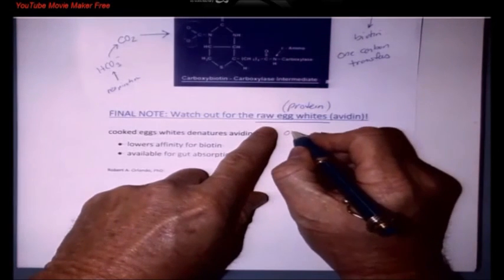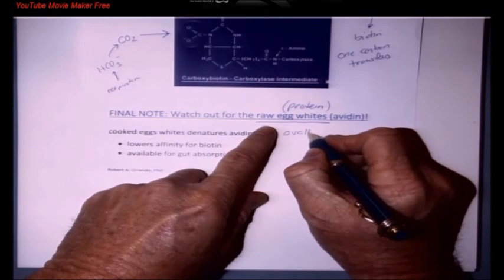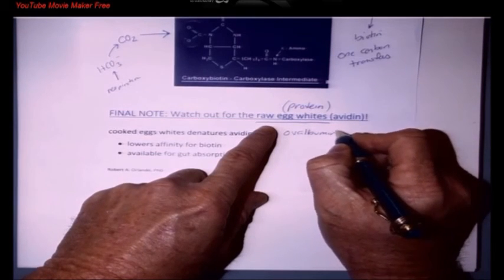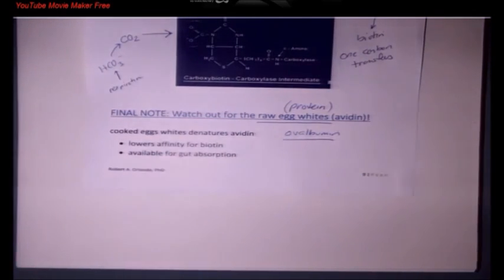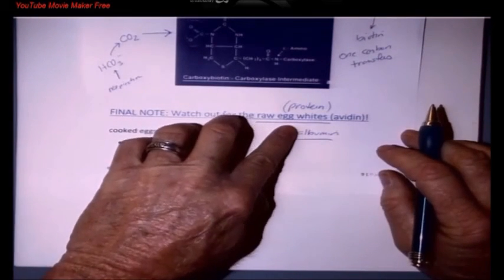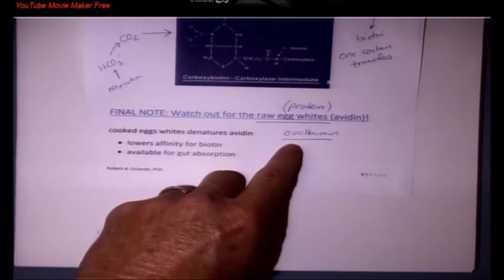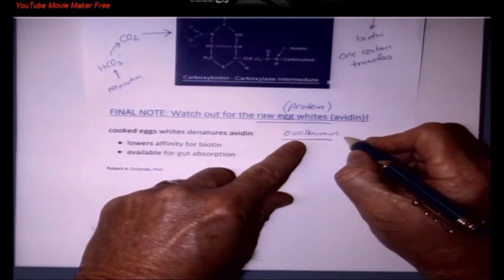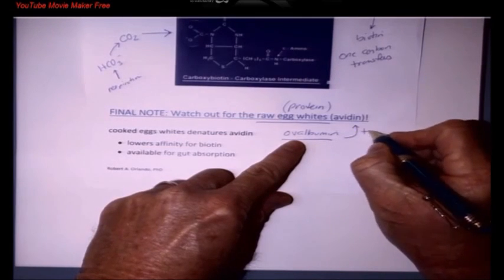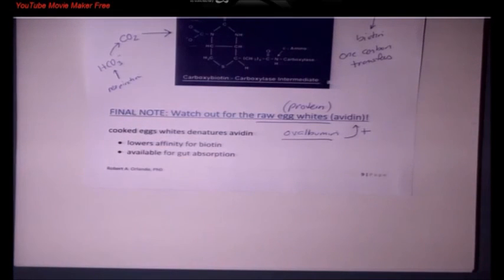Now, the problem with that is that the main protein in egg white is ovalbumin. So in our blood, we have albumin. Chickens make albumin, but it's called ovalbumin. That's the majority of the protein. The problem is that we also have another protein called avidin.